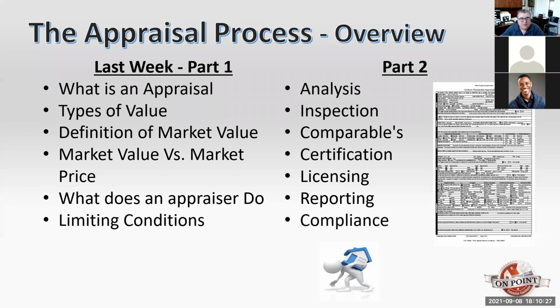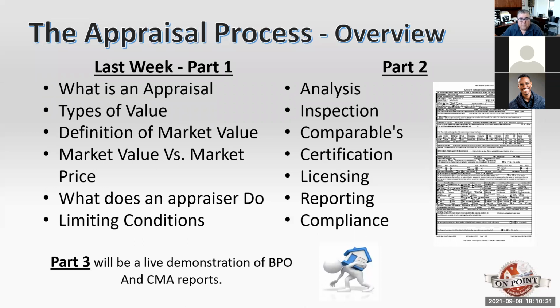And then finally there's compliance, and we'll cover a little part of that. Next week, part 3, we'll do a live demonstration. I'll show you how to do a BPO, or broker price opinion, as well as a CMA report on MLS. The BPO is done on Realist, which is a public record system.